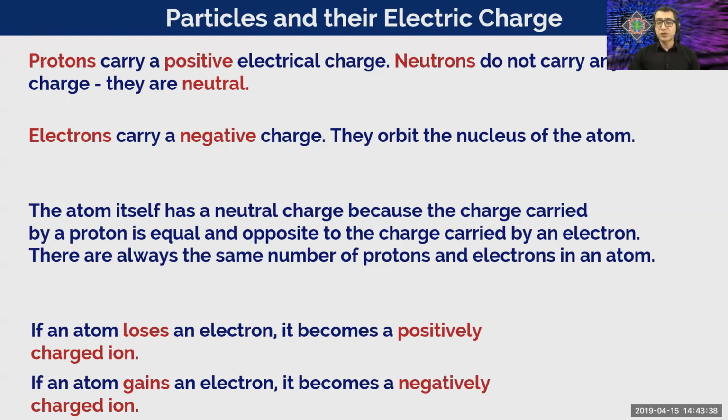Now, another thing that I want to stress here is that when we measure the amount of positive or negative charge on a proton or an electron, we're not measuring it in standard units. The standard unit of charge is the coulomb, but for the purposes of discussing atoms and subatomic particles, the amount of charge on an electron or a proton is effectively the same amount, but it's a tiny fraction of a coulomb.